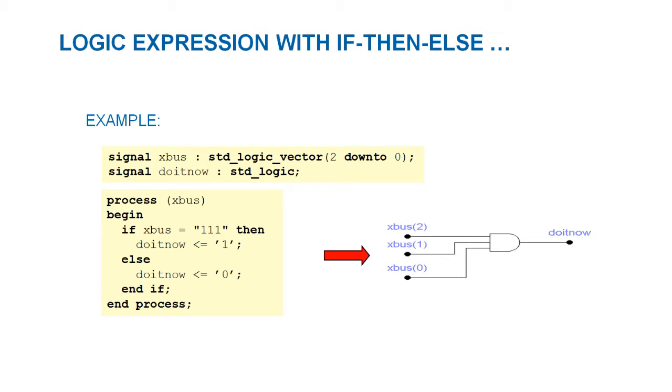We don't necessarily have to use a multiplexer or complicated logic. An AND gate is sufficient to implement this if statement, because the analysis shows that doit_now only gets a signal 1 when all the inputs are 1, which is essentially what an AND gate is.